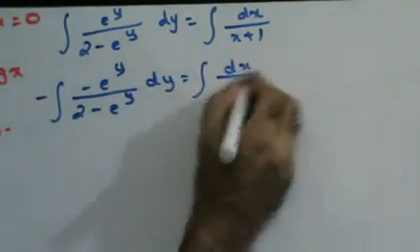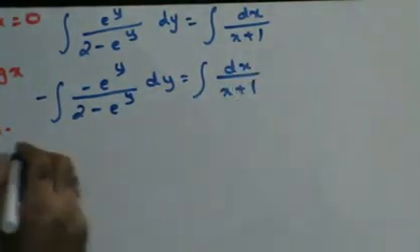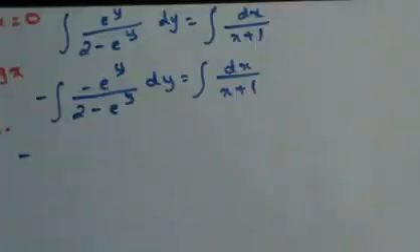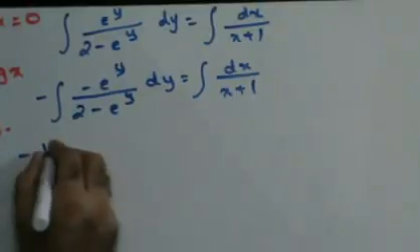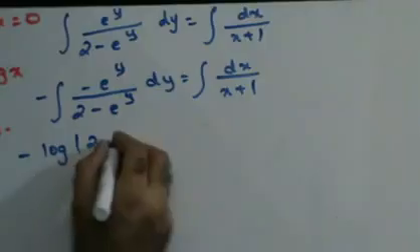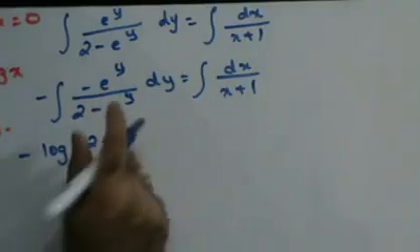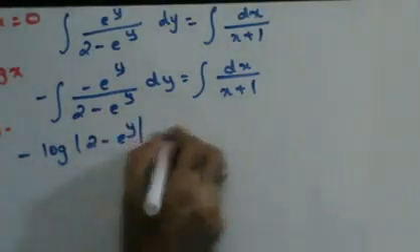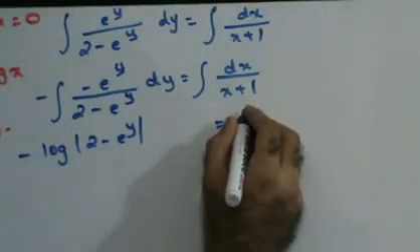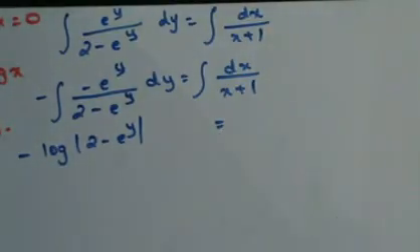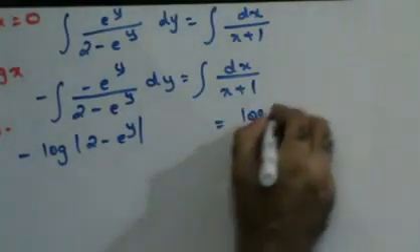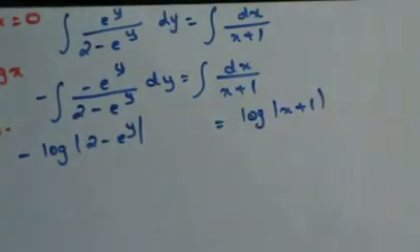Integral of dx upon x plus 1. Now, minus. The term in the numerator is the derivative of the denominator, therefore this is going to be log mod denominator. This is again integral of 1 upon ax plus b is 1 upon a log mod ax plus b. So this is going to be log of x plus 1.